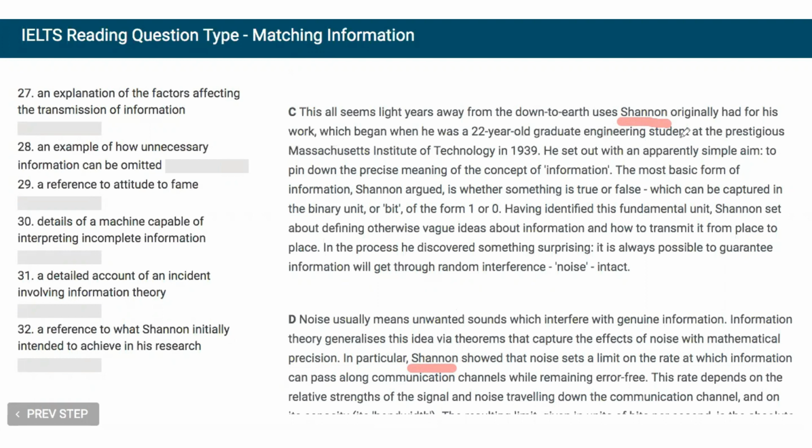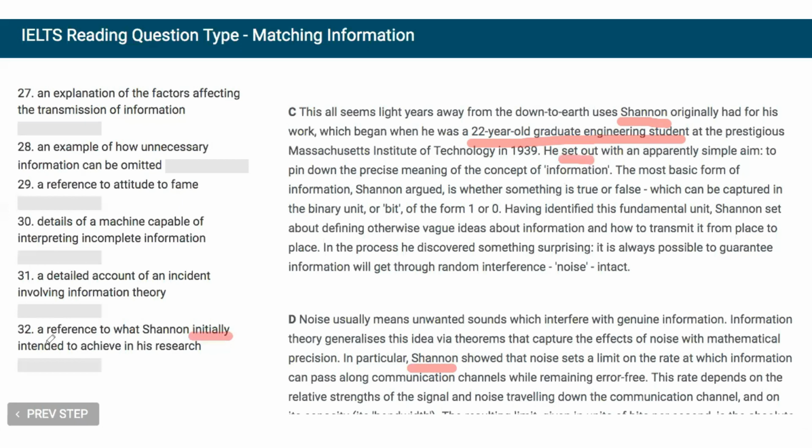And this is interesting because it tells us a little bit about his background. I also see set out, which is an excellent phrasal verb for describing initial thoughts or things that people wanted to do in the beginning. So I think that this could perhaps be connected. If I read this again, a reference to what Shannon initially intended to achieve.